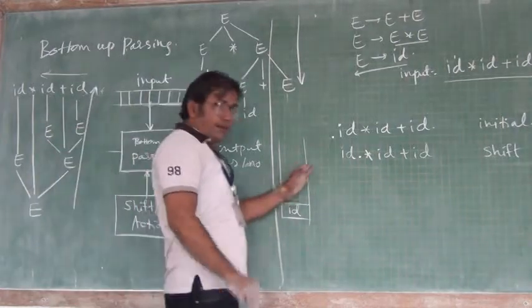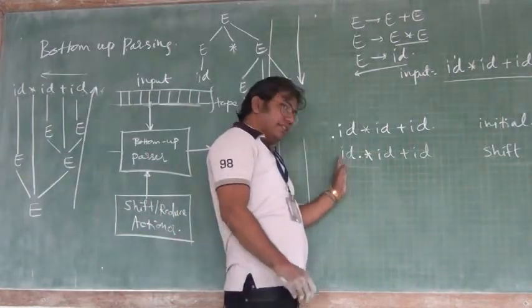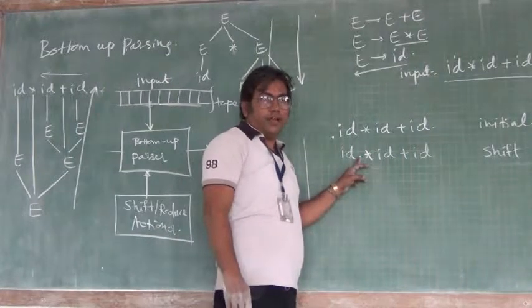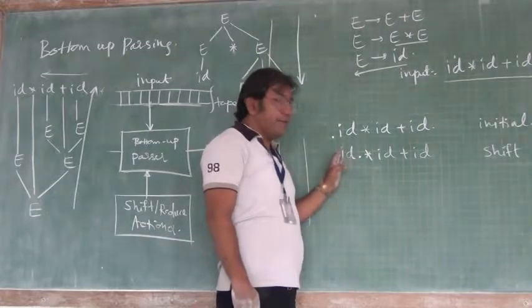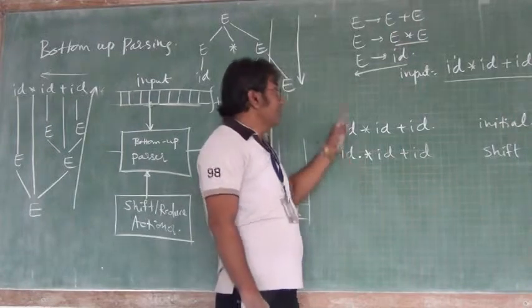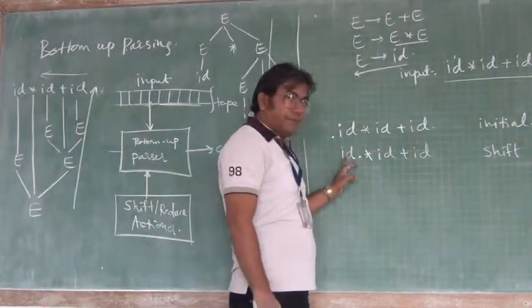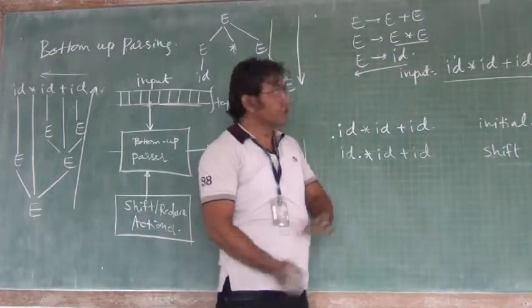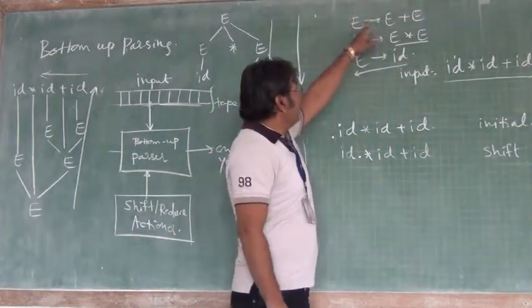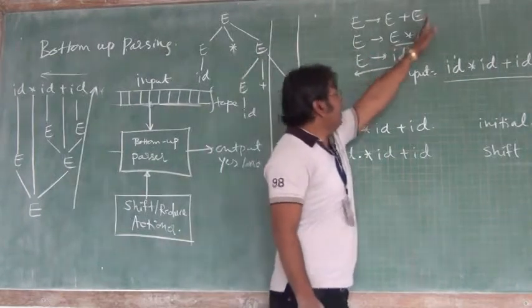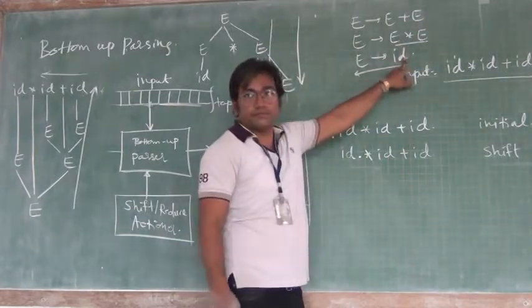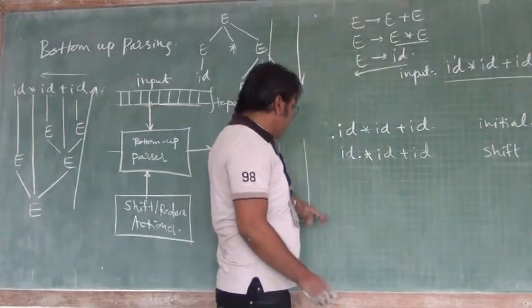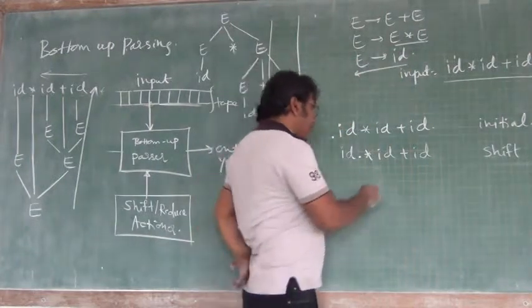Next, what I do, I look at the left hand side of this dot. I see it is an ID and I check whether such a match is there at the right hand side of my production list. I searched and I found that at the right hand side ID is here. So this ID is there, in that case I reduce.